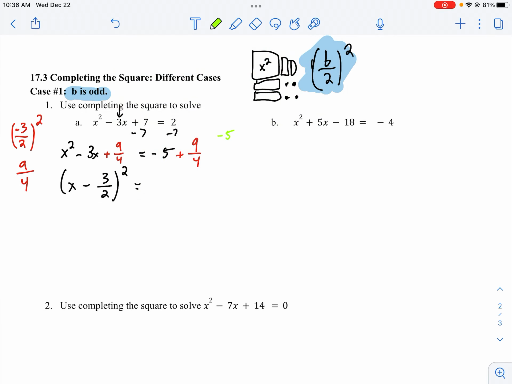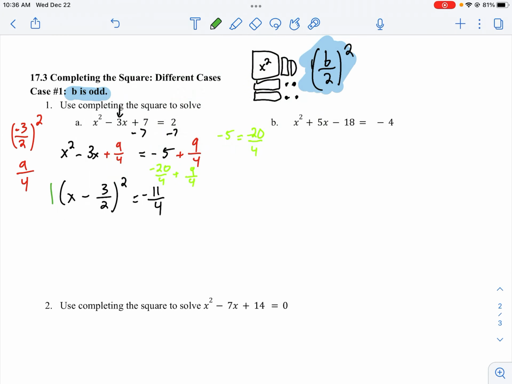If I want a denominator of 4, -5 is the same thing as -20 over 4. So we have -20 over 4 plus 9 over 4, and that's going to equal -11 over 4. Oops, gotta keep it negative: -11 over 4 on the right side.